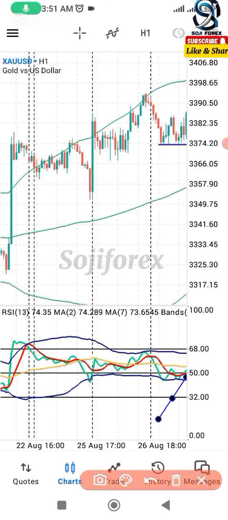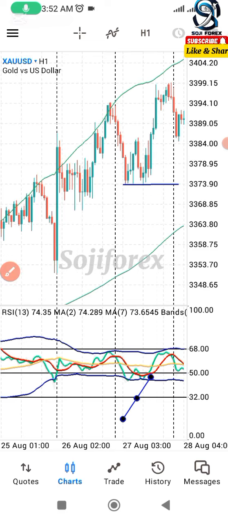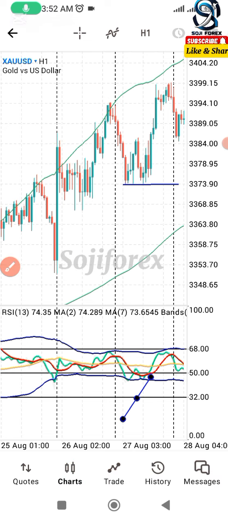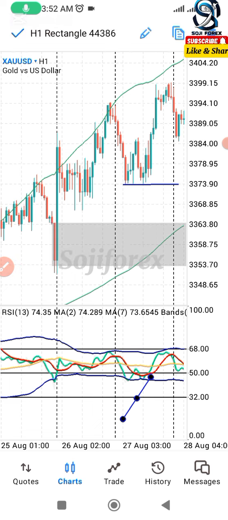And afterward, price now gave us higher low, higher high, higher low, higher high. And then you see these two now, higher low, and again, higher high, higher low, higher high. So if you follow all of this, you realize that here you have another order block. Do you see that?